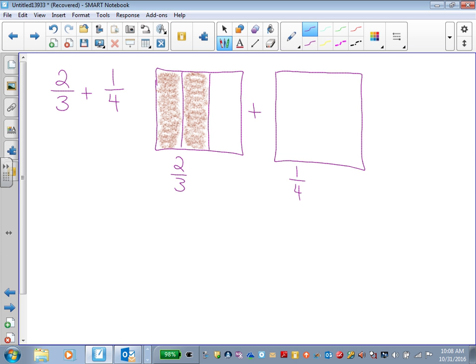So I need to do horizontal lines. How many horizontal lines or how many horizontal sections do I need to have? 4. So that means I'm going to draw 3 horizontal lines to give me 1, 2, 3, 4 sections. And she already knew to shade in one of them.